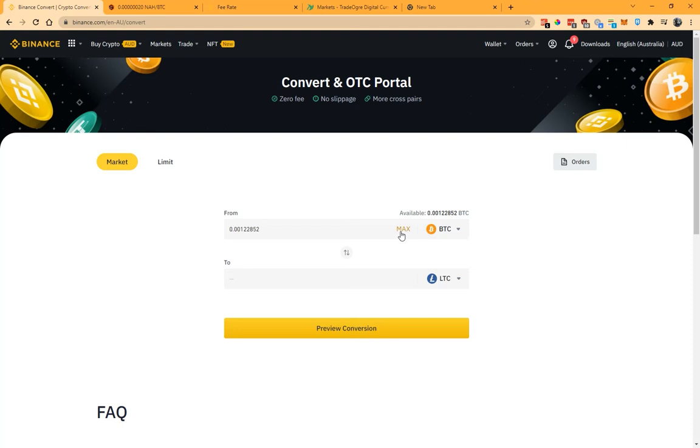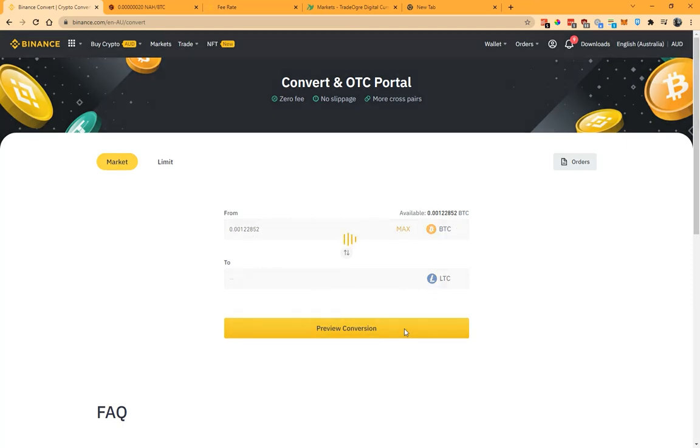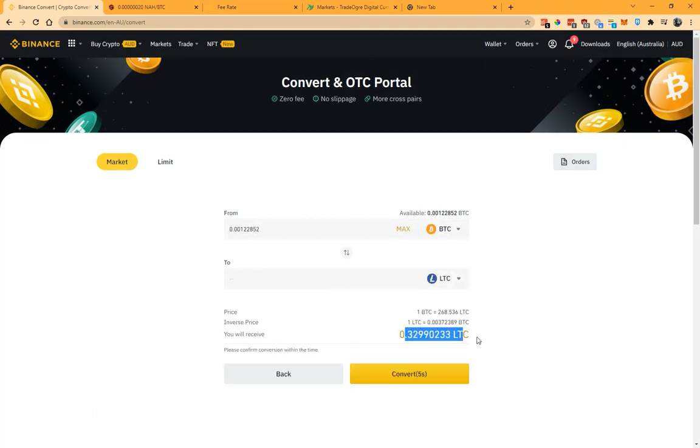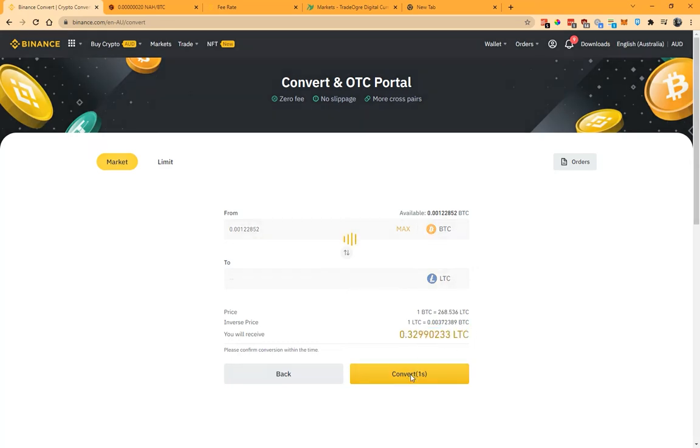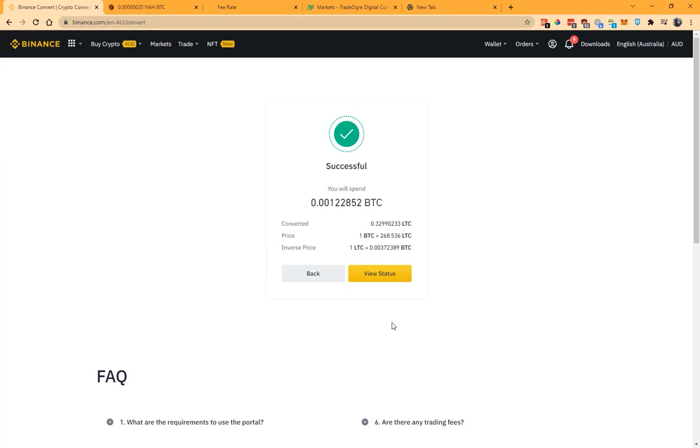Okay, and we want to convert all of our Bitcoin to LTC. We'll preview the conversion. If we're happy with this, so we're going to get 0.3299 of a Litecoin, we'll click convert, and that's ours. Okay, so now we've very quickly and easily gone from Australian dollars into Bitcoin into LTC. And we can again view the status of this if we want.